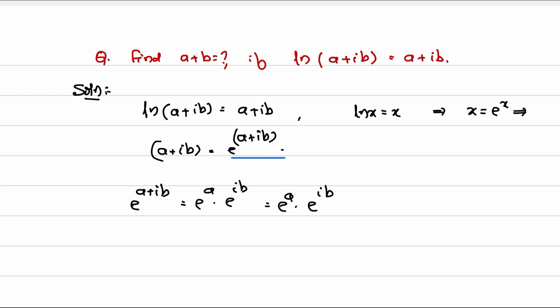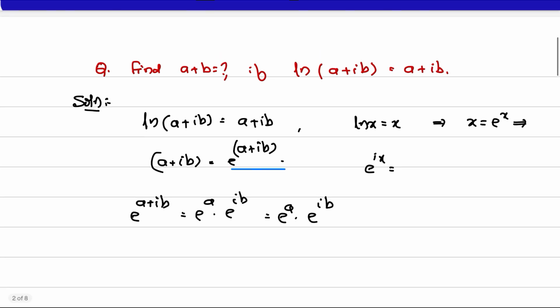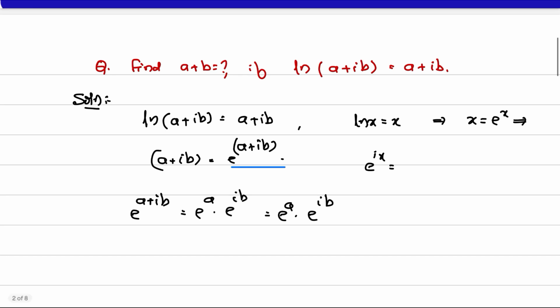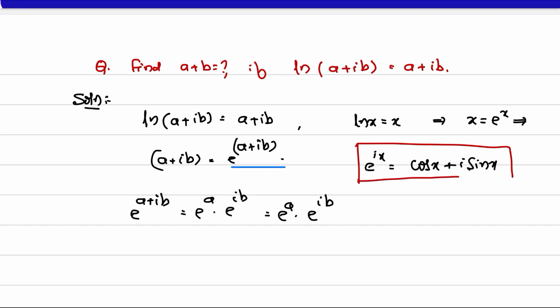What is e to the power of ix? e to the power of ix is equal to, I have written already in the introductory, cos x plus i sin x. These things you should please remember. Please see my previous videos and understand how these equations have come.